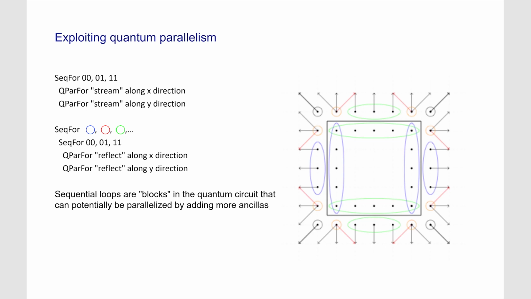That means we apply one gate to the full state that is streaming. We have a sequential loop over all the velocity configurations, and then do this quantum parallel. And one can parallelize that by adding more auxiliary qubits.